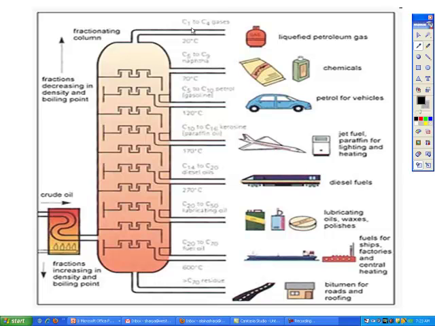So you can see that these really light ones would boil pretty quickly up here, and this is your methane, propane, and that might be liquefied petroleum gas. A little heavier, we've got gasoline coming out up here around 70 degrees. That's usually 7 or 8 carbons. We've got kerosene down here, paraffin oil. Here's your diesel, a little heavier. Here are our lubricating oils. Now we've got things like boat fuel.